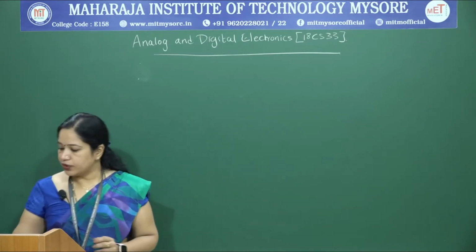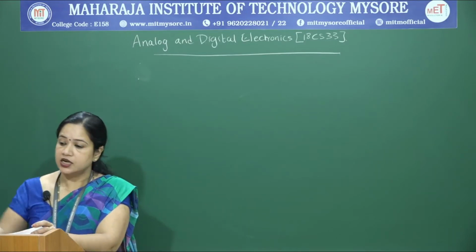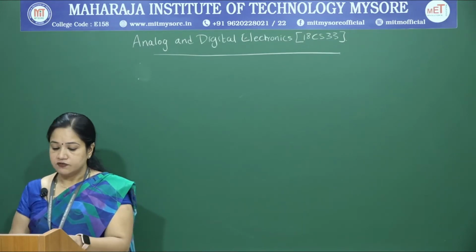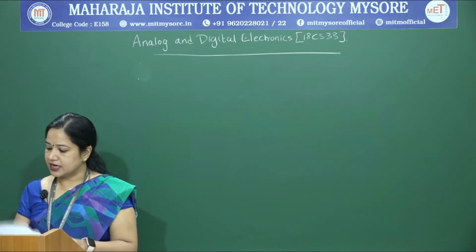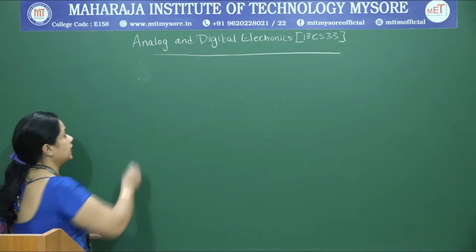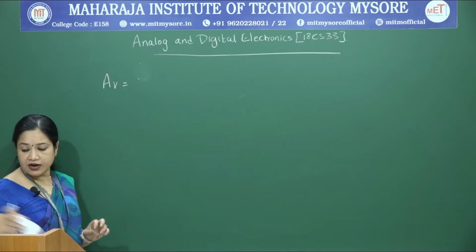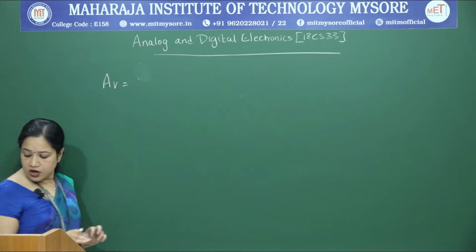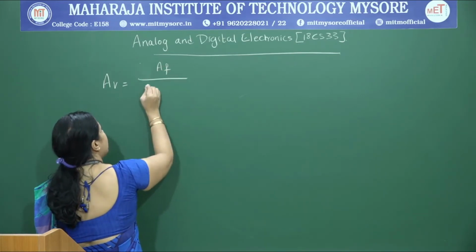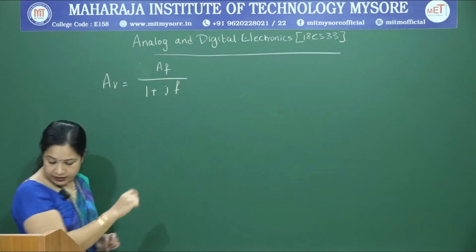If you recall the expression for the voltage gain of the low pass filter, which we derived in the previous class, it is designated as AV, and we derived it in terms of the pass band gain or the feedback gain AF, divided by 1 plus j F by FH.